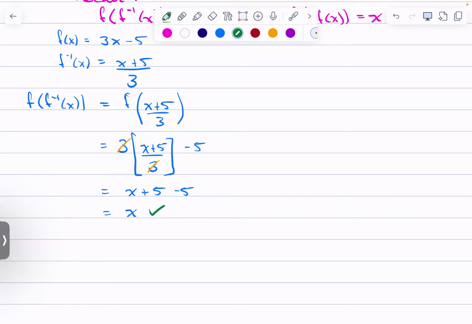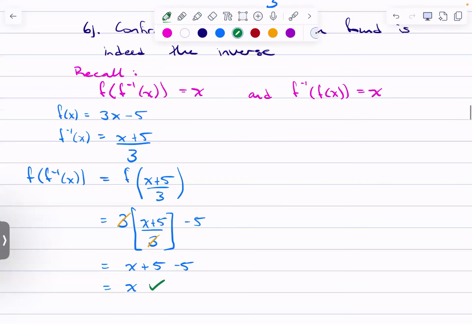And now I feel confident saying that I did find the right inverse, but to do it totally properly, we'll do this function composition as well, just to make sure, because they both have to be true.